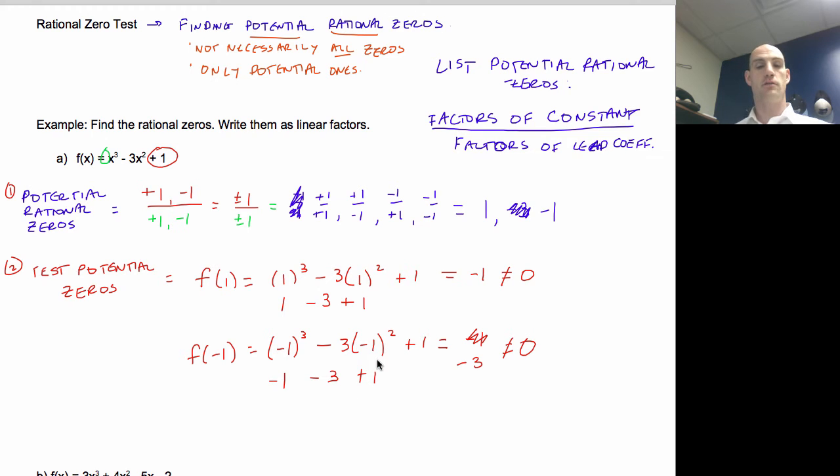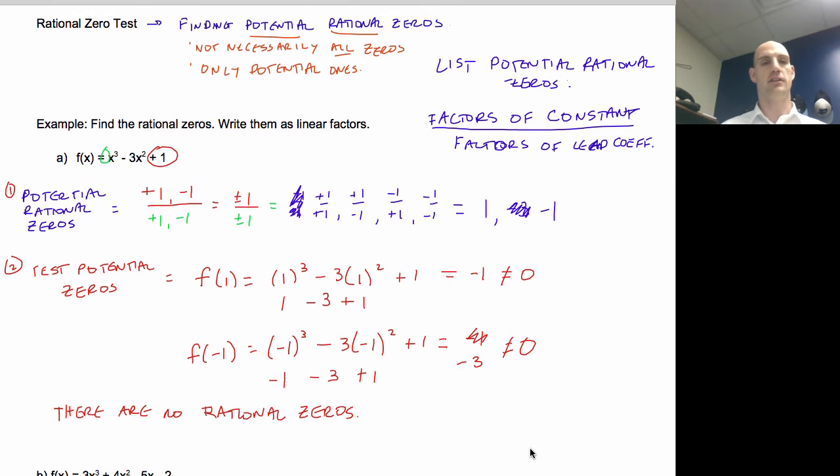Okay? And so what does that mean? Well, that means that there are no rational zeros. There are no rational zeros, so I can't write them as linear factors.